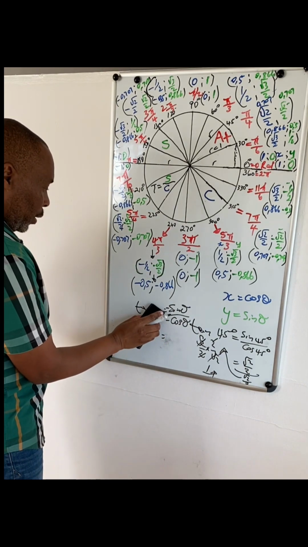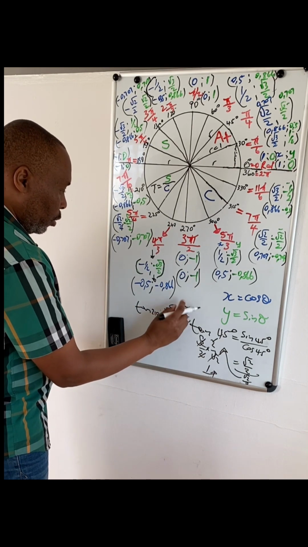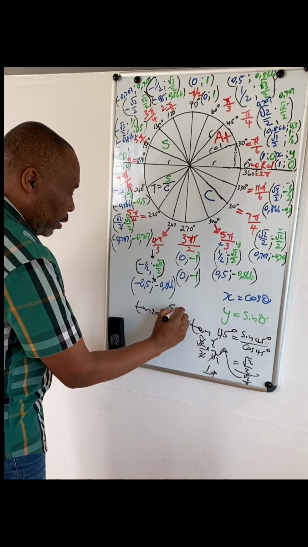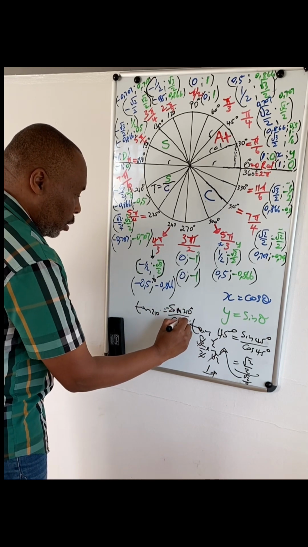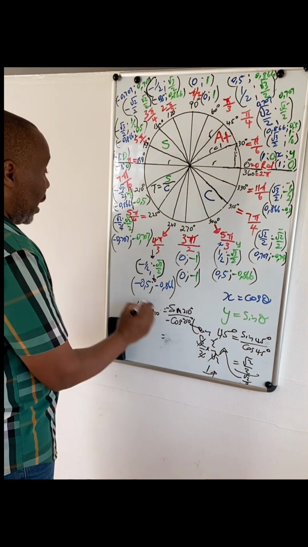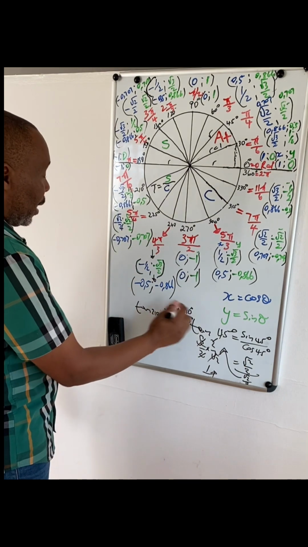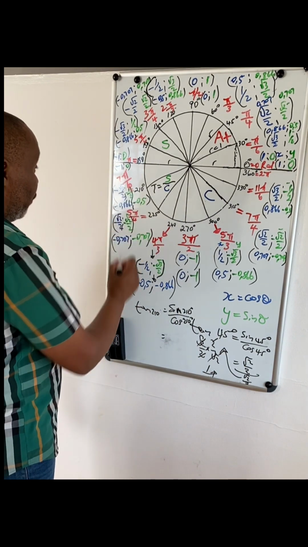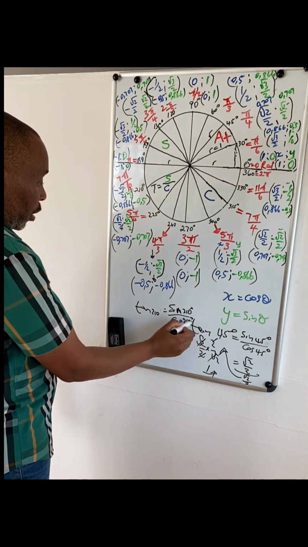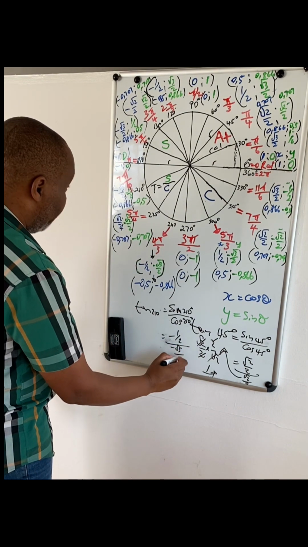Sine 210 degrees is a negative half, all over the x value, which is cos, negative root 3 over 2.